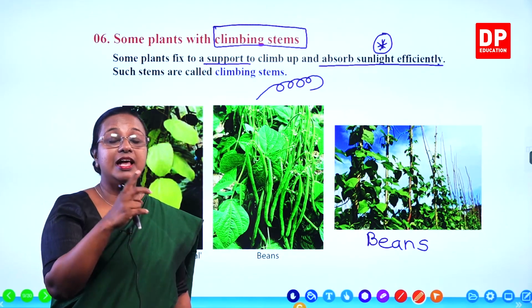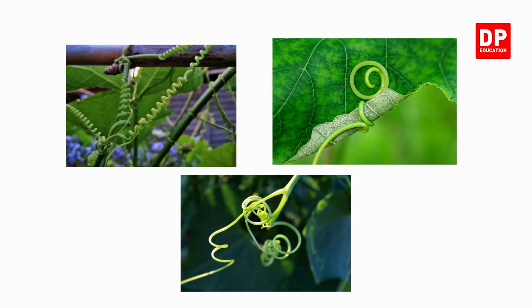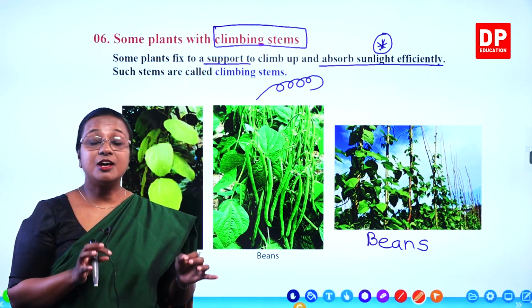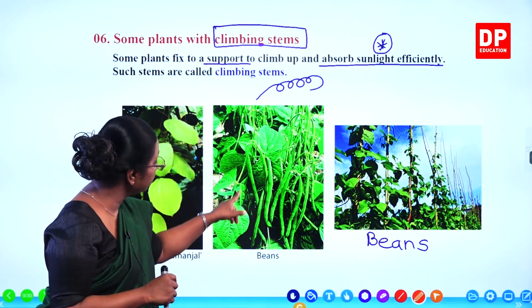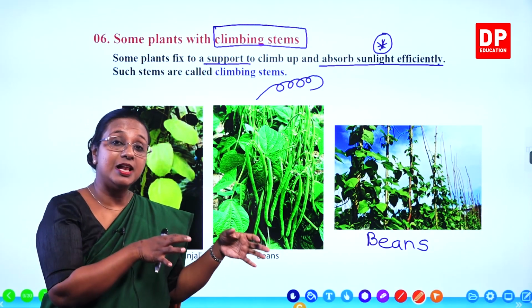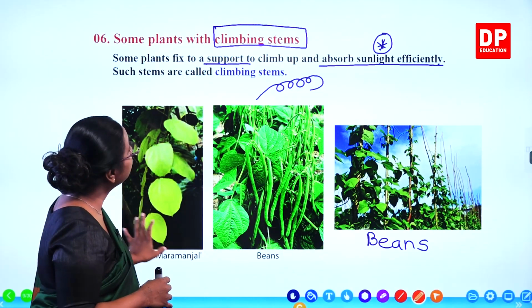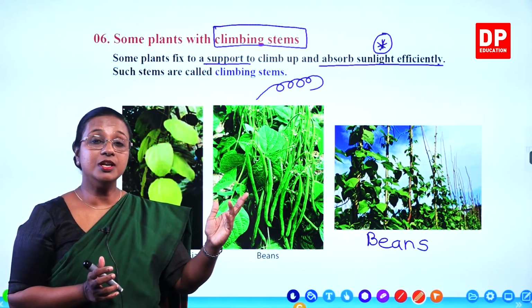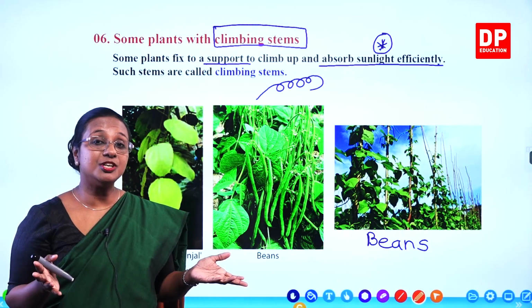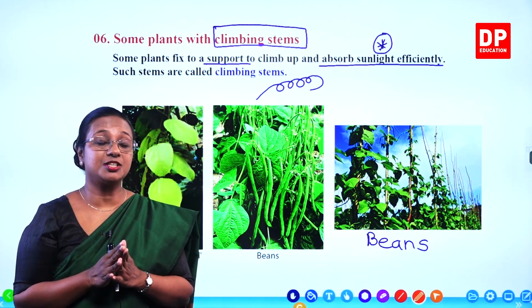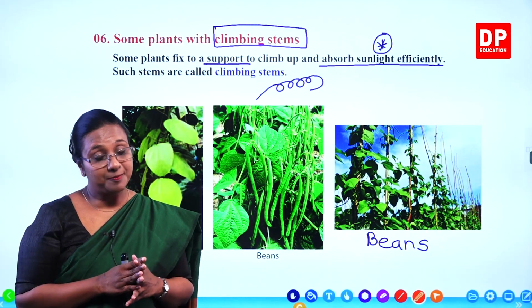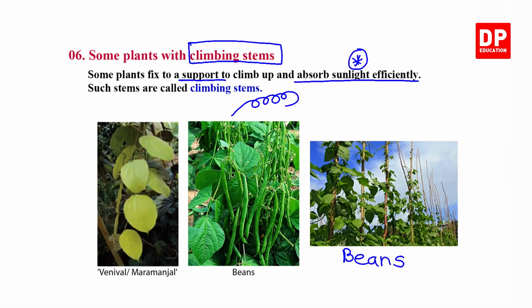Now the tendril helps to hold on to the support. Then later we will discuss the climbing roots. There are roots at different places of this climbing stem so that it helps to hold on to the support. So like that, these climbing stems can climb on their own, that means without a special structure, or they can have a special structure to hold on to the support. Is that clear now? So now we will go to the lab and observe some plant stems.